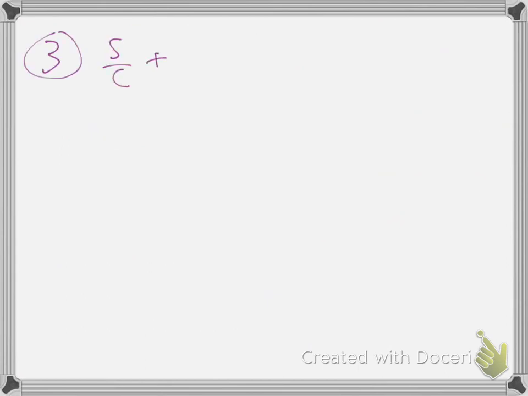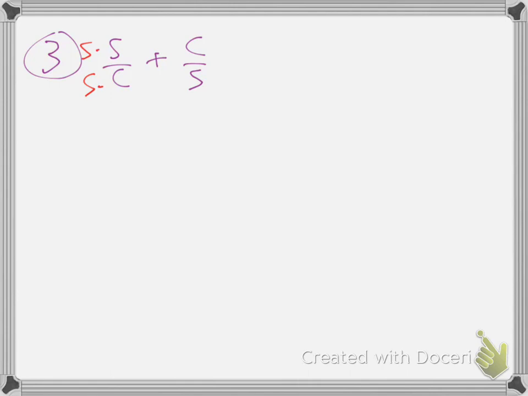So I'm just going to do this with just S's and C's, to make it easier to work with. So what should you try on this one? Common denominator. Totally, because we're adding 2 fractions. So remember how to do common denominators?